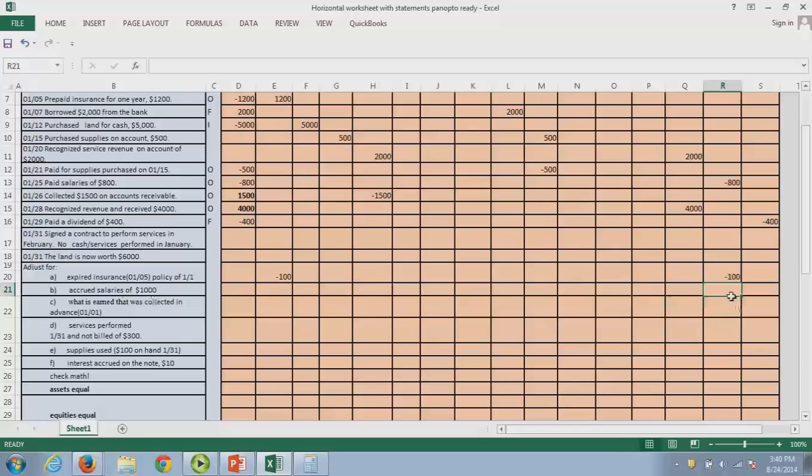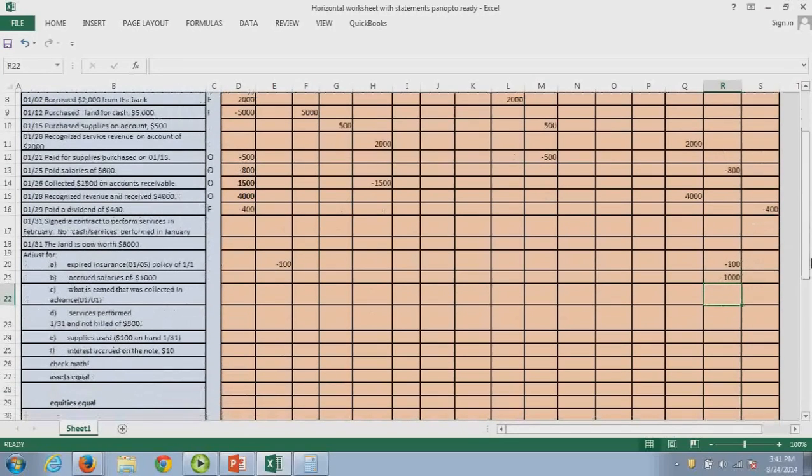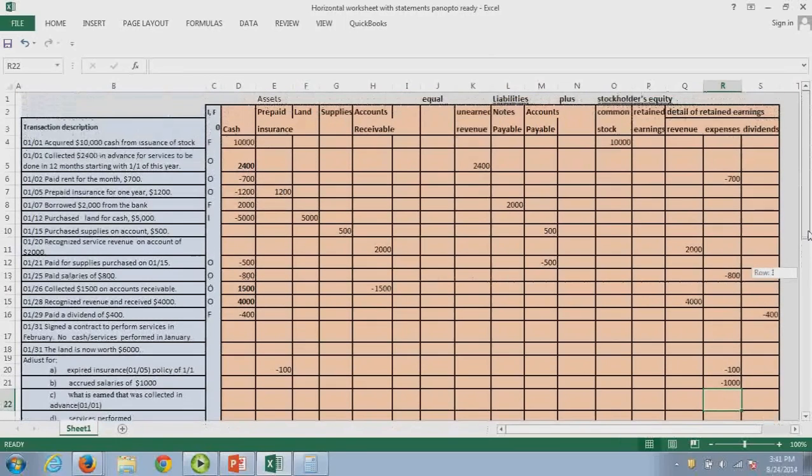So we're going to reduce retained earnings by $1,000, and this should be hopefully under the expense column. And an accrued expense means also I need to pay for it, that I haven't paid for it yet, or would have been already on the books. So I can pick up salaries expense. There's so much in salaries that we often have a separate account for that.